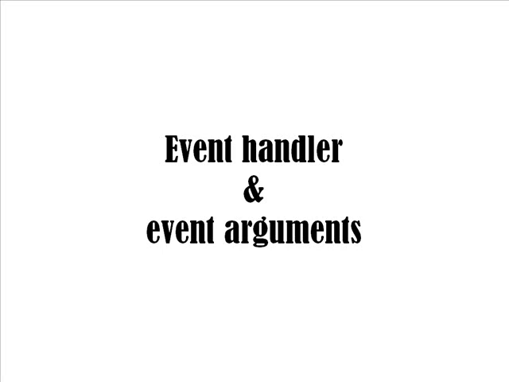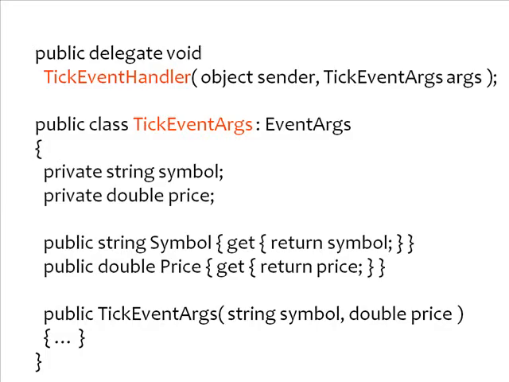Let's take a look at the event handler and args that we have to write. So that event handler is a delegate. A delegate is just a fancy .NET name for a pointer to a function, a dereference function. I want to be able to pass functions in as arguments to other things. So that's what a delegate is. And here is a delegate named tick event handler.